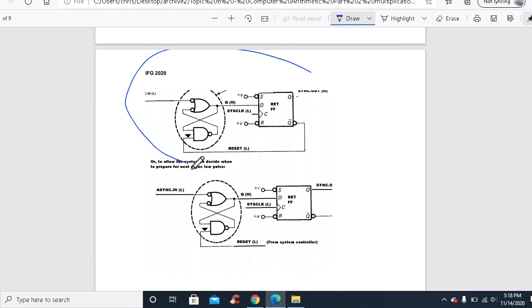This kind of system is a hardware system, and what's coming in here is maybe a very short pulse. It goes from 1 to 0, 0 to 1. This is the pulse here.